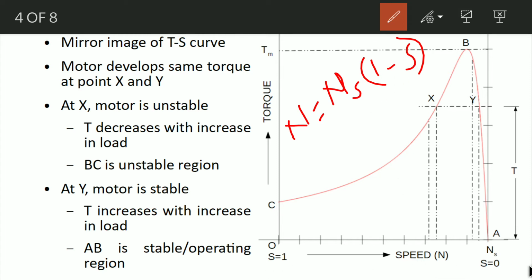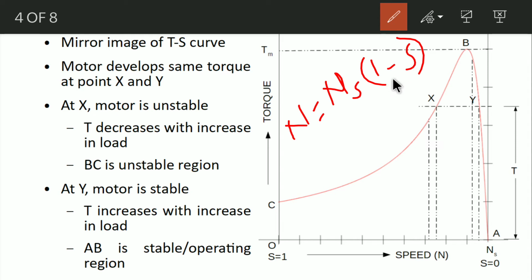When N is equal to Ns, that point will be corresponding to slip equal to 0, this point. And when N is 0, slip will be equal to 1.